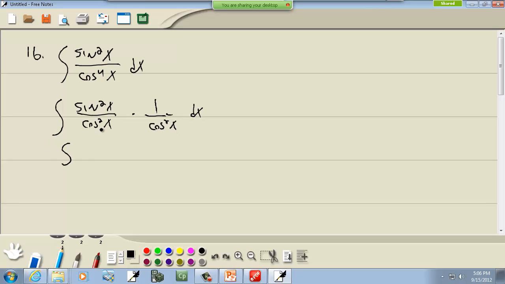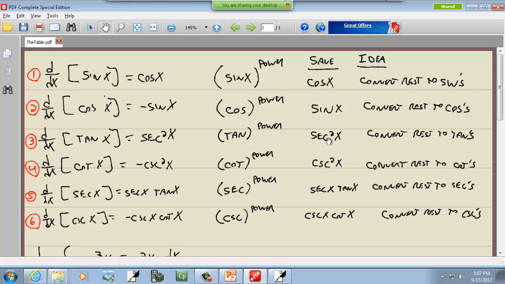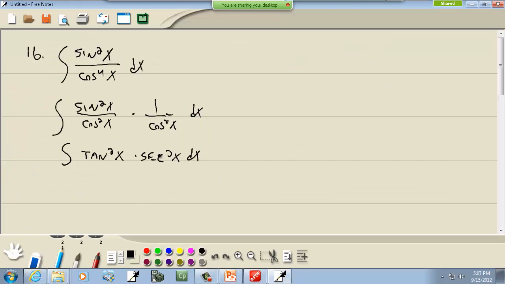Now if I do that, then this is tangent squared, and this would be secant squared. And now it works out pretty good, because in one of these we said we save a secant squared and rewrite everything else in terms of tangents. So I'm going to use form 3. So I'm going to rewrite this as tangent x to the second power. And here's our save part.